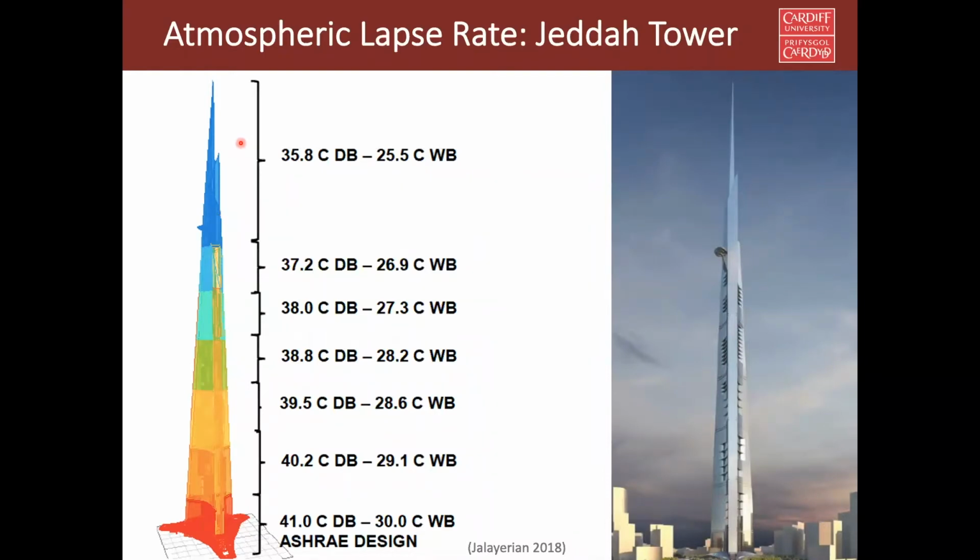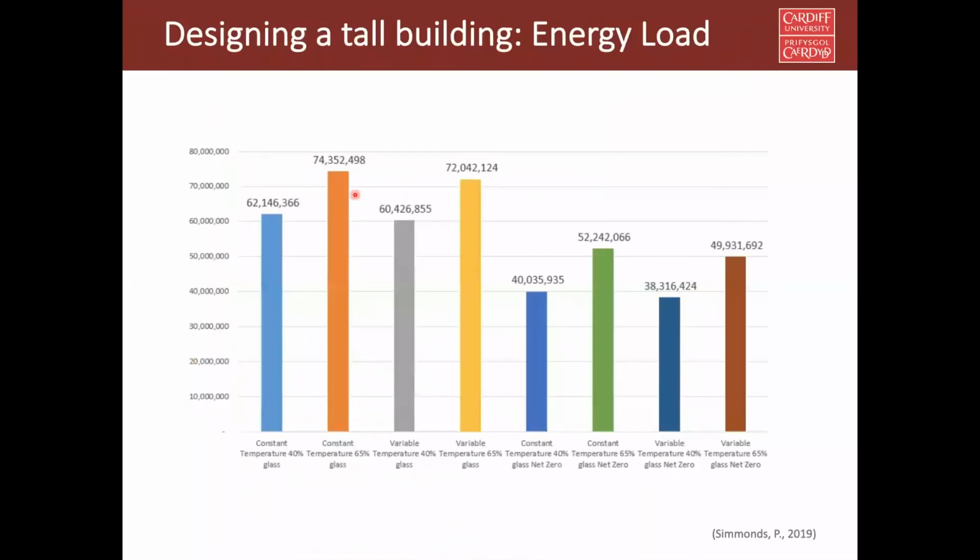So sometimes we might undercalculate, sometimes we might overestimate, but this kind of data will help us to understand the energy use of the building in a better way. So this is an example of that calculation. I'll not explain all the graph, but let's look at this blue one.